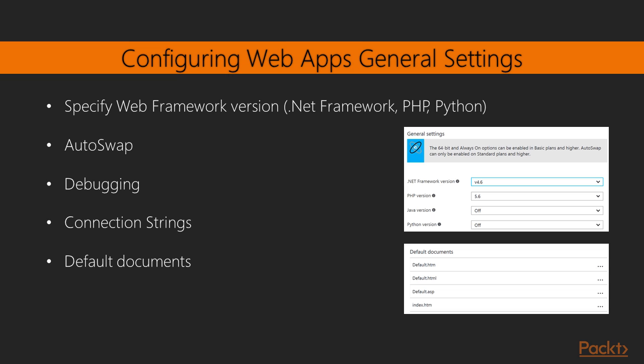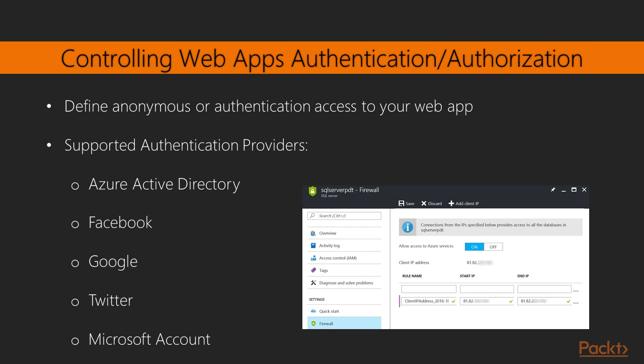Next to that, we can do some configuration around autoswap, which I'll cover later on, whether debugging is required or not, and connection strings if you're integrating with database solutions like SQL. And then one of the other interesting general settings that you might recognize from your on-prem web server infrastructure is defining the default documents.